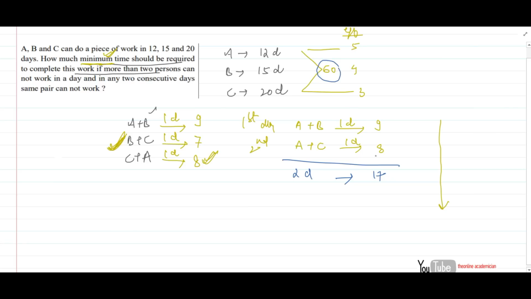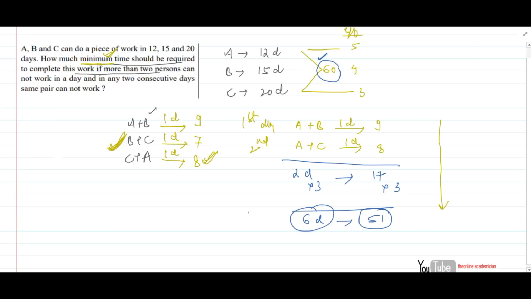What could be the possible value that can be multiplied by 17 to reach 60? If we multiply it by 3, it will be 51, and if we multiply by 4, it will be greater than 60. So it can be multiplied by 3 only. So in 6 days, 51 work will be completed.